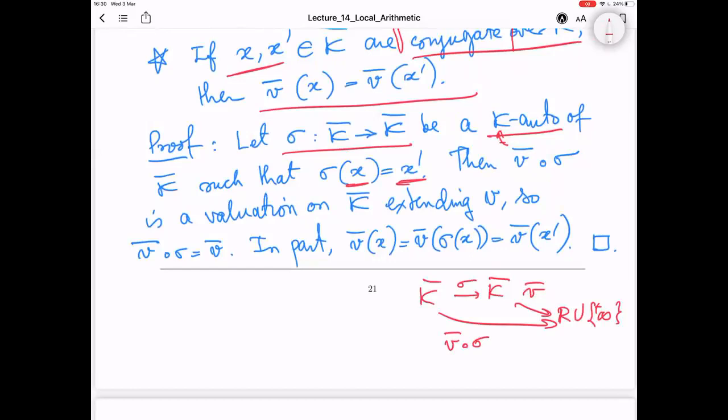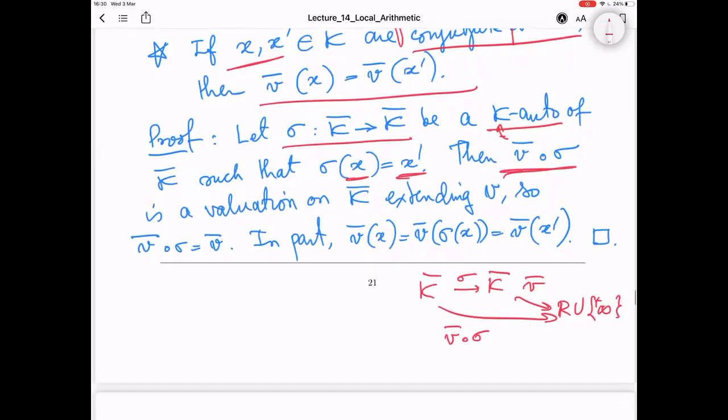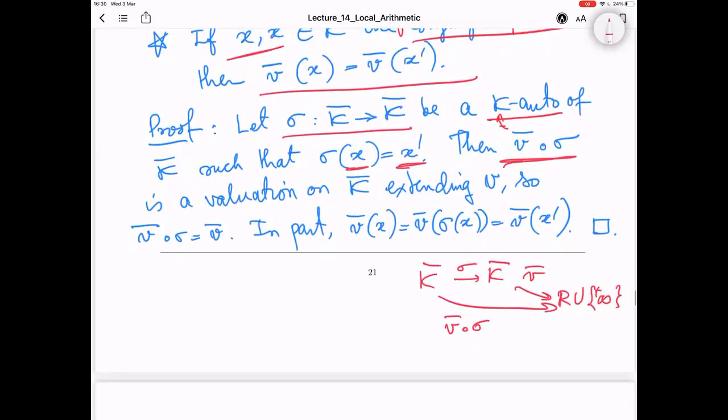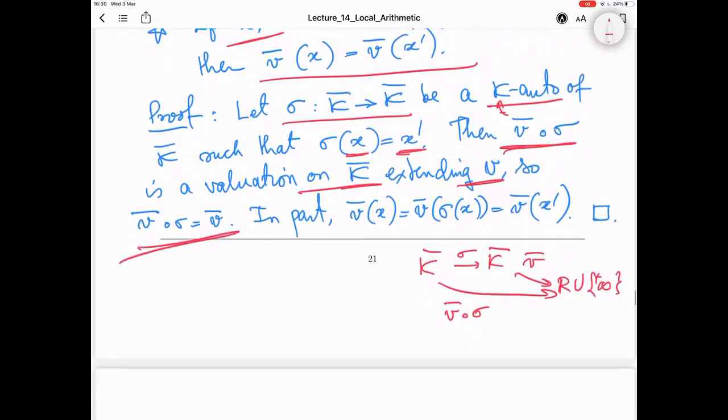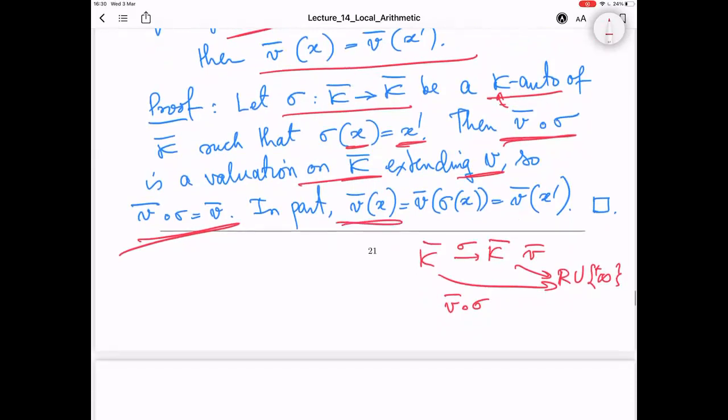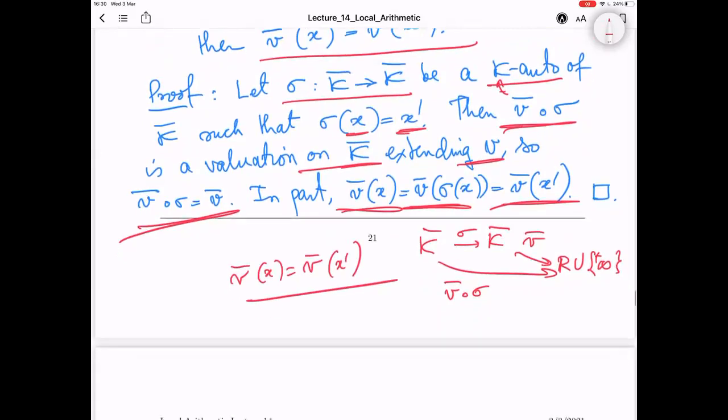Then this V bar sigma is also, of course, a valuation on K bar extending V. So it has to be equal to V bar because of the uniqueness of extensions. So V bar of X, which is V bar sigma of X, but sigma of X is X prime. So I get V bar of X is equal to V bar of X prime. That's what was being claimed.